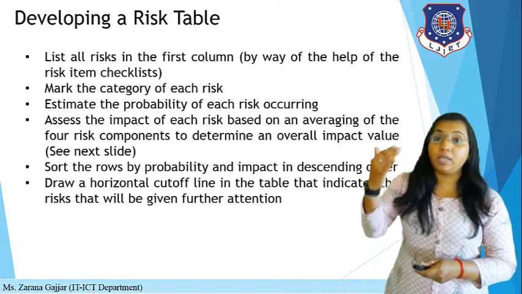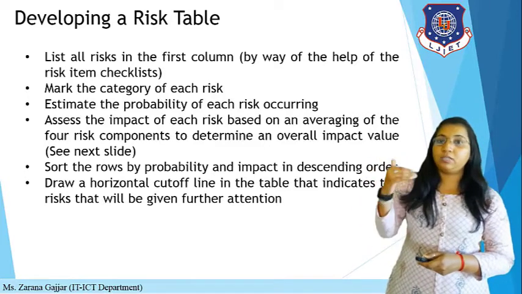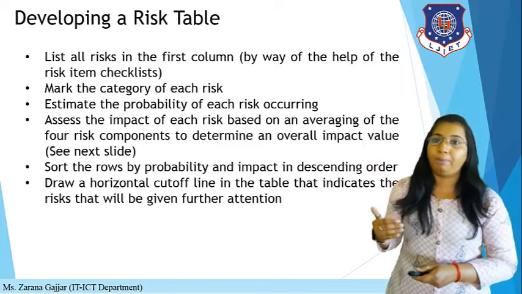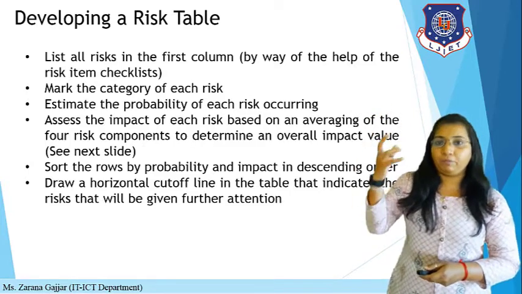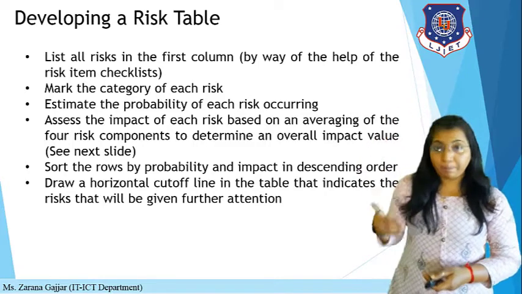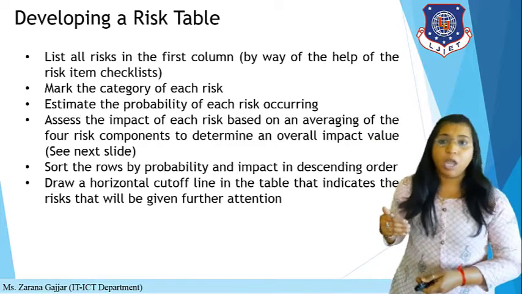Then you have to assess the impact of each risk based on the averaging of the 4 risk components to determine the overall impact value. Here we have defined some impact values.